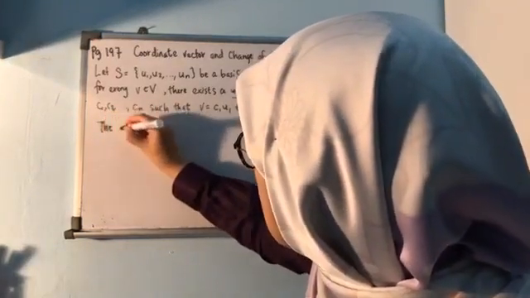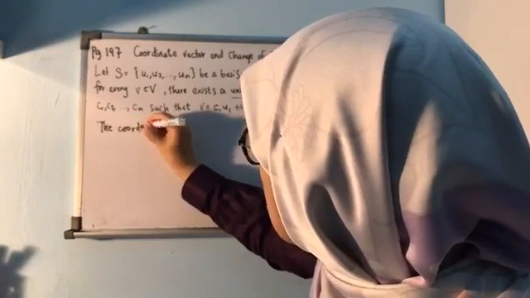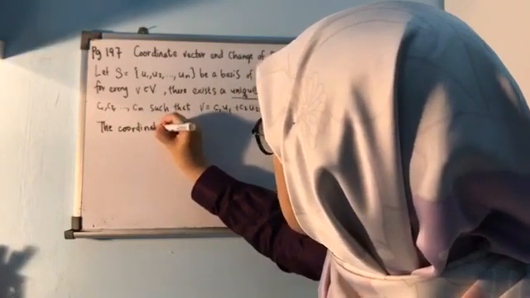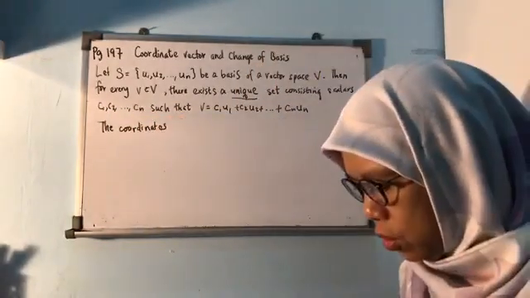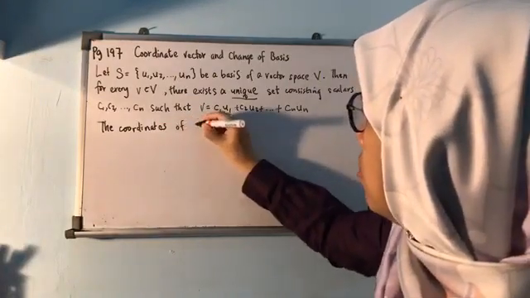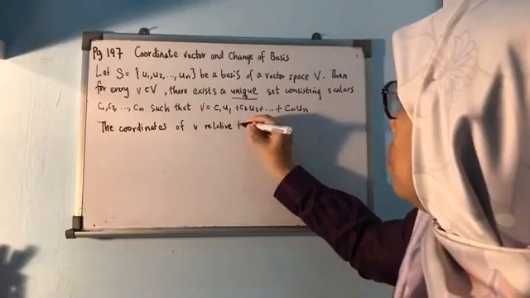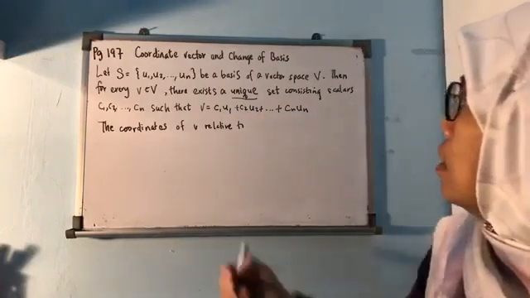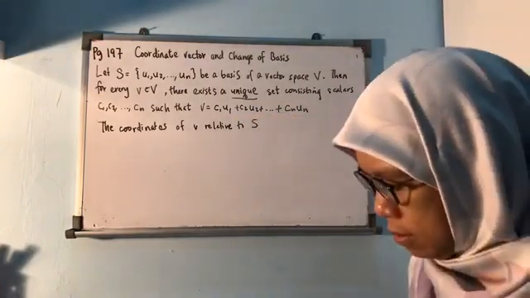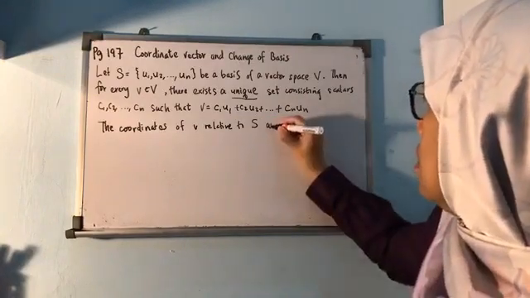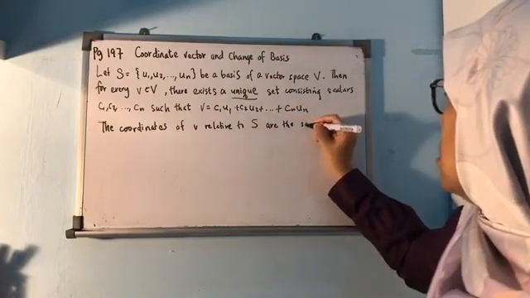The coordinates of v relative to S are these columns.